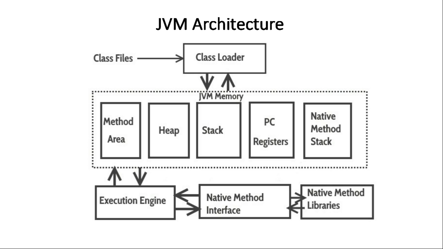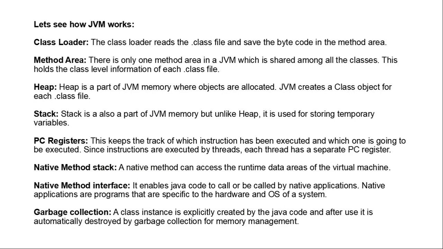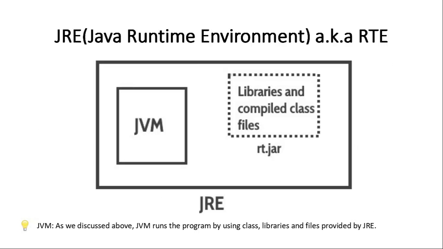So we'll move to the JRE. What is JRE? You can pause the video and write the theory if you want. If not, then we'll move on. JRE is the Java Runtime Environment, also known as RTE.